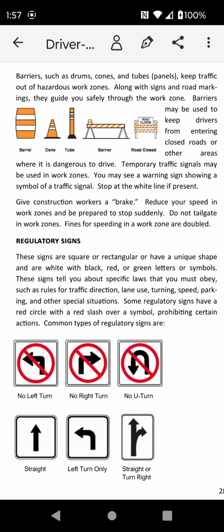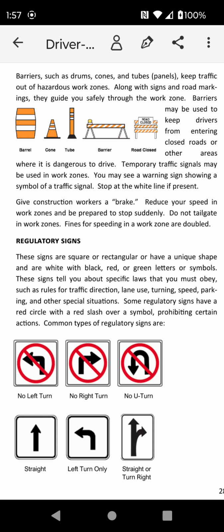Some regulatory signs have a red circle with a red slash over a symbol, prohibiting certain actions. That means no. The red circle and the line means don't turn left, don't turn right, and no U-turn. So don't do it.